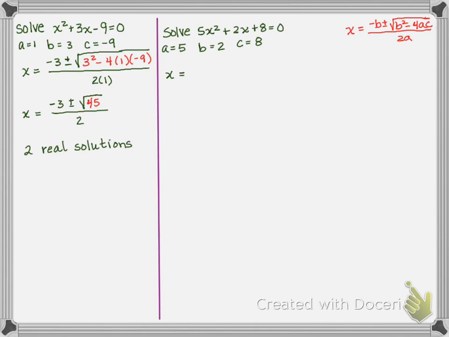We get x equals -2 plus or minus the square root of 2 squared minus 4 times 5 times 8. Go ahead and plug that in your calculator. All over 2 times 5. And we get x equals -2 plus or minus the square root of what?